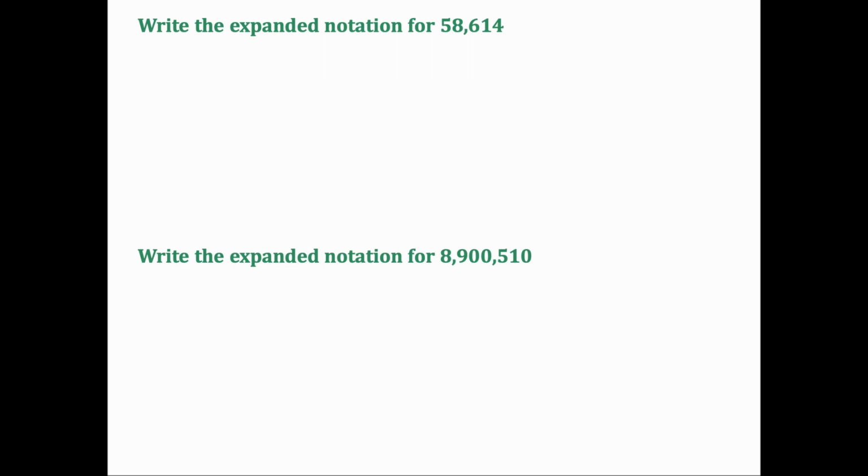Write the expanded notation for 58,614. Start with the largest place value digit, which is 5. But that 5 is worth much more than 5. It's in the 10,000s place. So multiply 5 times 10,000. The 8 is in the thousands place, so multiply 8 times 1,000.